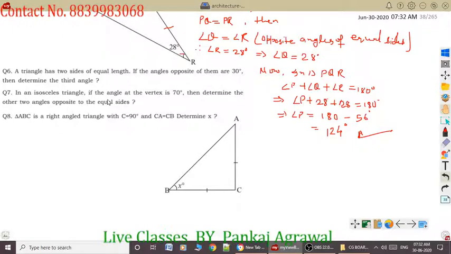Question number 7. In an isosceles triangle, if the angle at the vertex is 70 degrees. Let's see question number 7. Draw an isosceles triangle. Suppose this is the isosceles triangle.